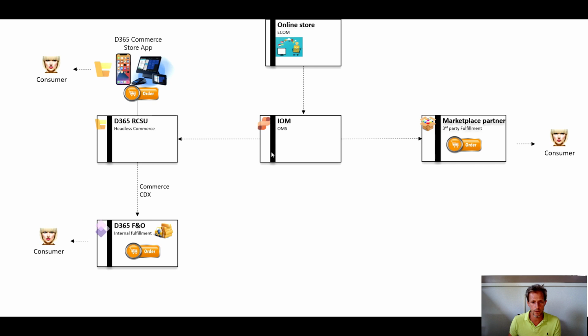But uploading the order, creating the customer, verifying that the customer exists are all existing headless commerce APIs. So we just expose those through a provider in IOM, and we package it as a commerce provider, so we can utilize those APIs in the IOM orchestrations.